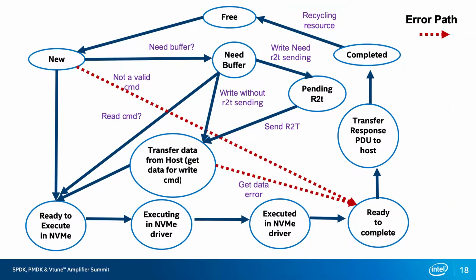And if this command doesn't need any buffer, it means it is neither a read command or write command, then we can directly send it to the user space to execute this state, and the three states are used to track the many TCP request state in user space driver.